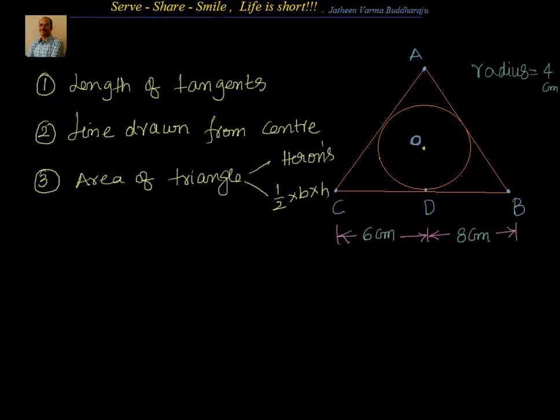What's the meaning of that? The theorem says that if two tangents are drawn to a circle from an external point, then the lengths of those tangents are equal. To move forward, let's name these points E and F. So we have D here, we have D, E, F. Now, according to this concept, if CD equals 6, CE also will become 6 centimeters.